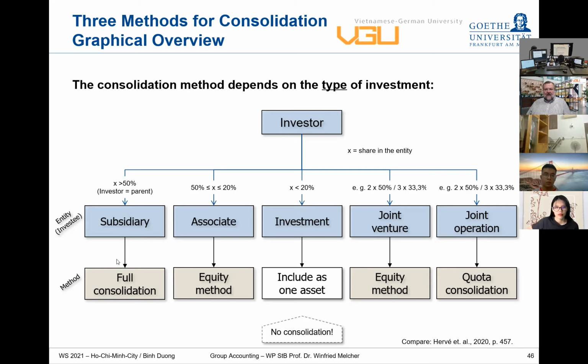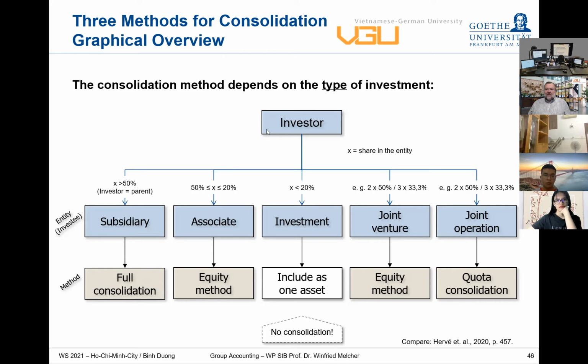So I will explain how that works later, but you should know that full consolidation means all the assets and all the liabilities of the subsidiary will go into the group accounts, no matter what percentage the investor is really holding. So let's assume this is clear.